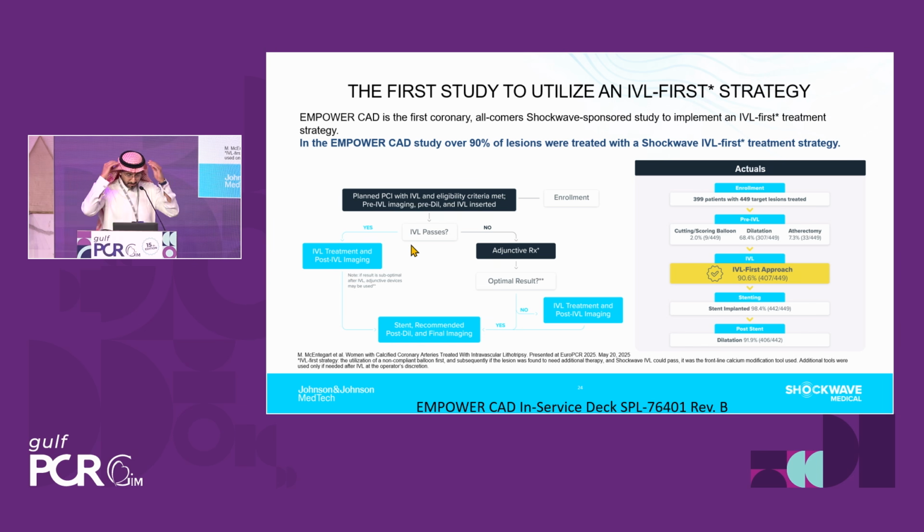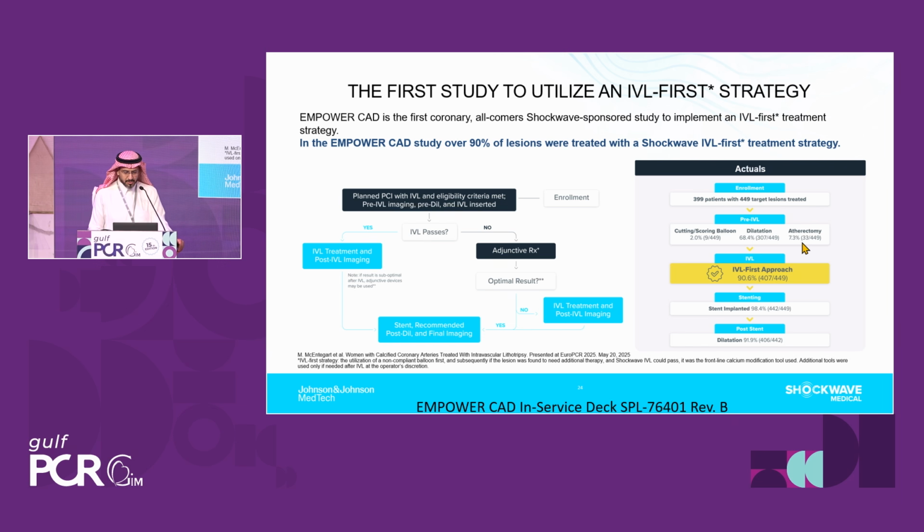So again, the facilitation of atherectomy was in 7% of the cases. So what actually happened is that 399 patients were enrolled, and mostly pre-IVL dilatation was applied.